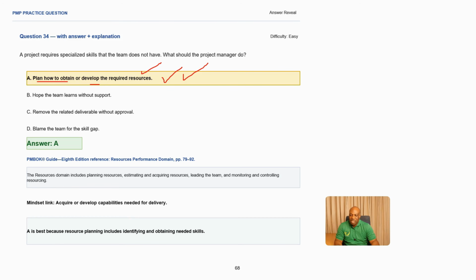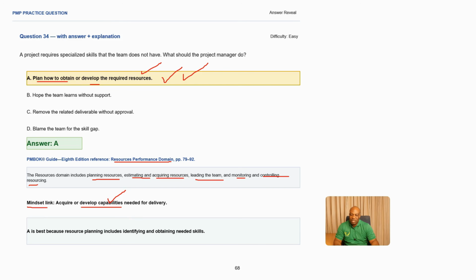So what is our reference here? It is the resource performance domain, which says resource performance domain includes planning resources, estimating, acquiring resources, leading the team, monitoring, and also controlling resources. As you plan for your resources, you also need to plan for training, especially for the skills which do not exist within your team. So the applicable mindset to respond to this practice question is you need to acquire and develop capabilities.